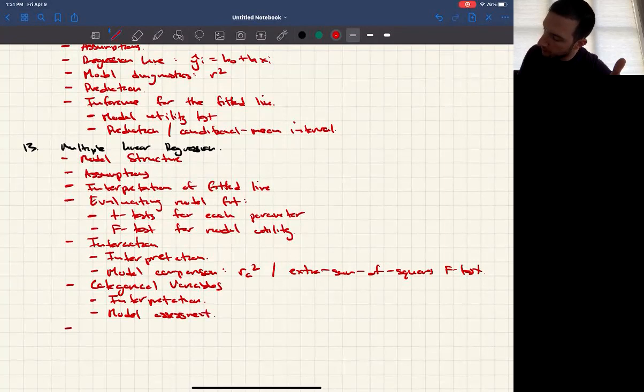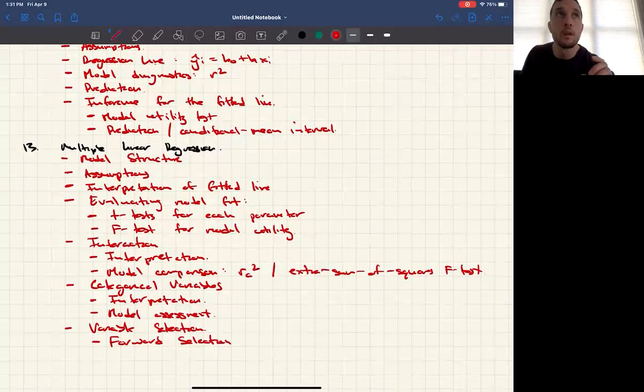And then the last thing was variable selection. And we talked about two things, one of which I'm going to go over in a minute, which was forward selection and backward elimination.